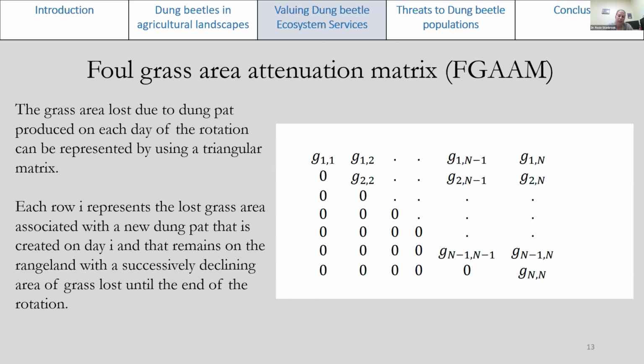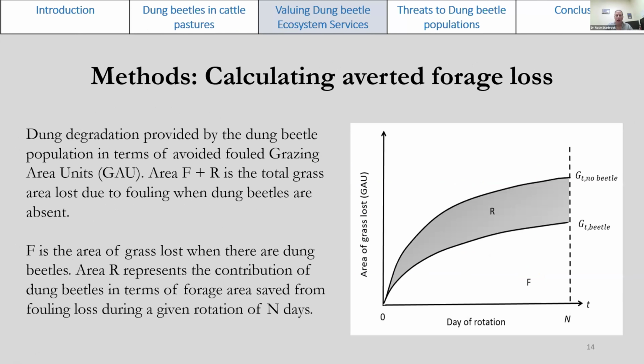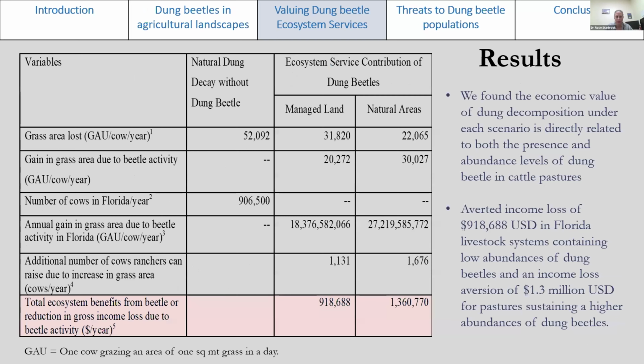And we did this for an entire year using the data of 12 dung pats that are dropped at 10-inch thickness. And this gave us a potential theoretical amount of forage that had been lost and the amount of forage that could be gained from having an increased amount of forage available for cattle.